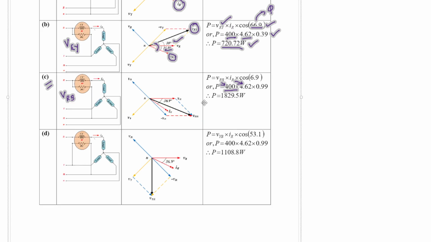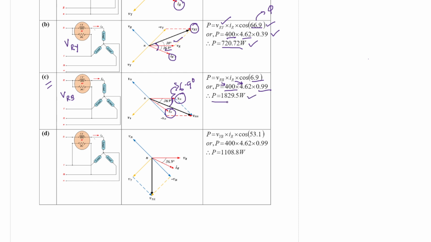So exactly what we have understood here. This is VR and this is IR, and this angle is 36.9. So this angle must be 6.9 degree. If you solve this, it will be 1829.5.